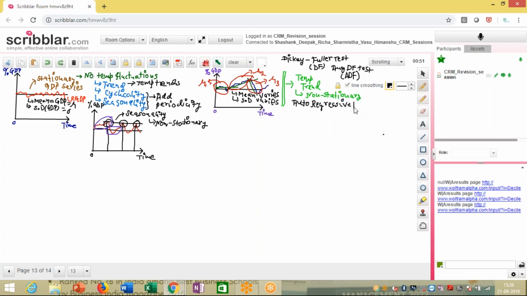So what is an autoregressive process that we are talking about? An autoregressive process is a process where the value of the time series at the present point of time is a function of the value at t minus 1.